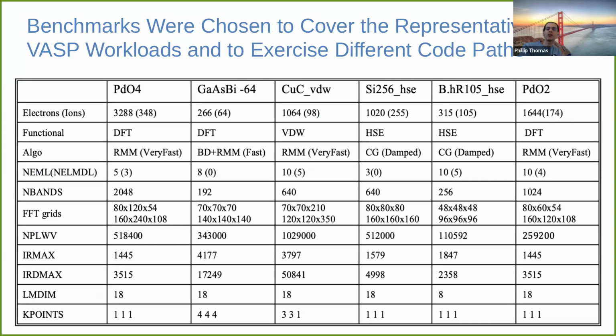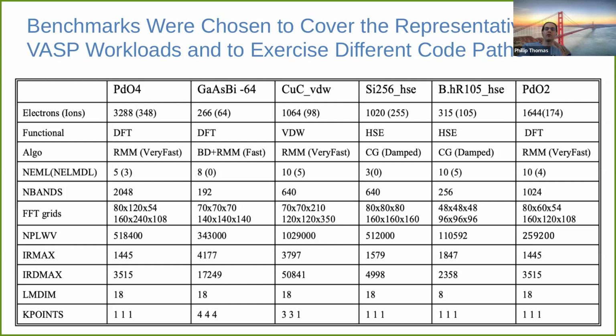So in this table, we have 6 representative benchmark systems that have been used to test VASP, which use different code paths and have different sizes. The PD04, CUC VDW, and SI256 HSE are larger systems, which are more likely to get performance benefit running on GPUs, and the remaining systems are smaller.